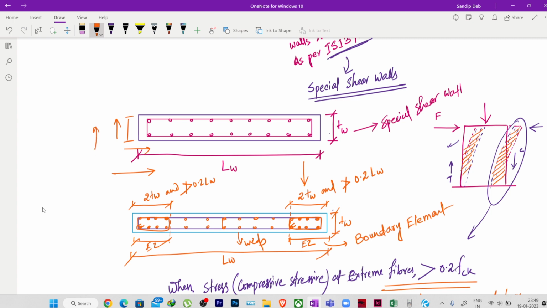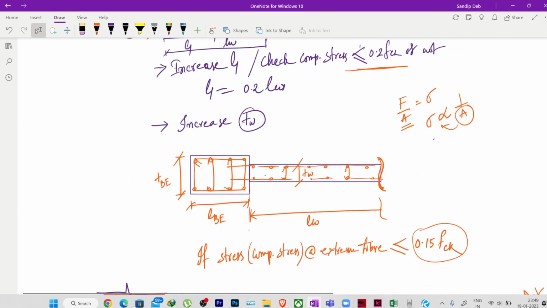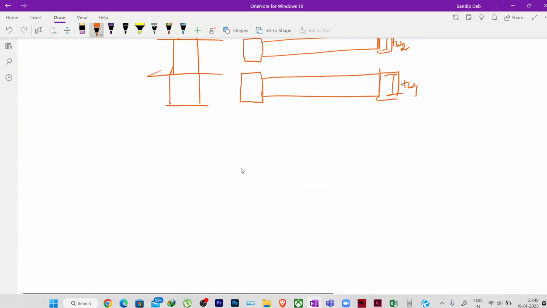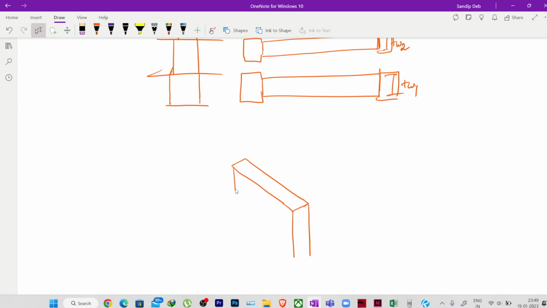It is just an additional point I'm adding. Suppose we have a shear wall like this. I have one lecture regarding this already uploaded, so that's why I was not explaining this.